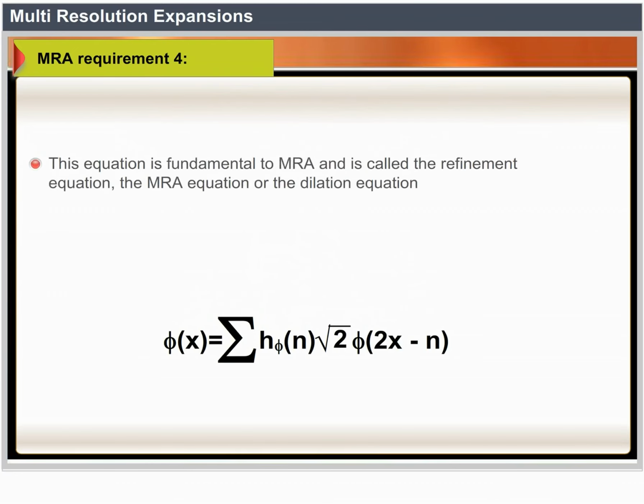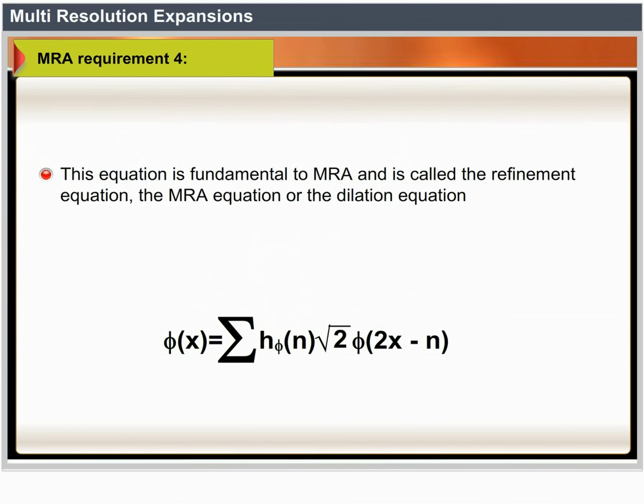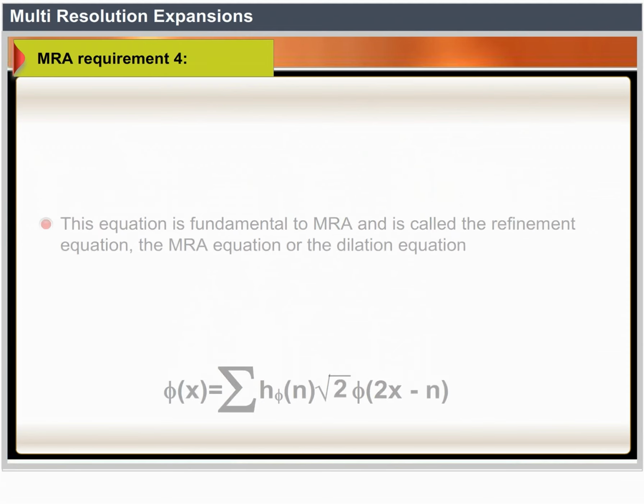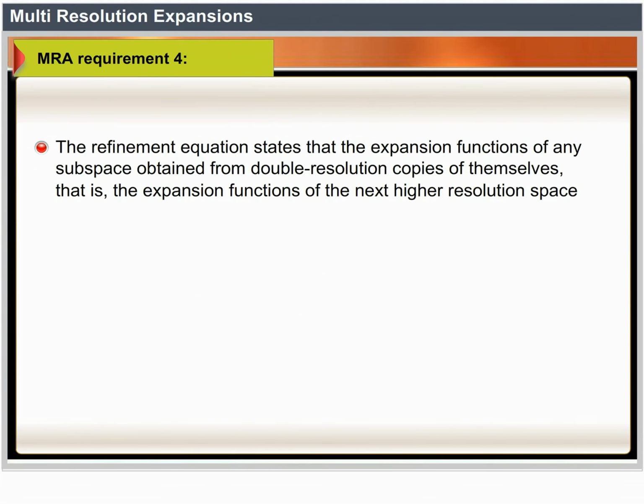This equation is fundamental to MRA and is called the refinement equation, the MRA equation or the dilation equation, as shown on the screen. The refinement equation states that the expansion functions of any subspace can be obtained from double resolution copies of themselves, that is, the expansion functions of the next higher resolution space.